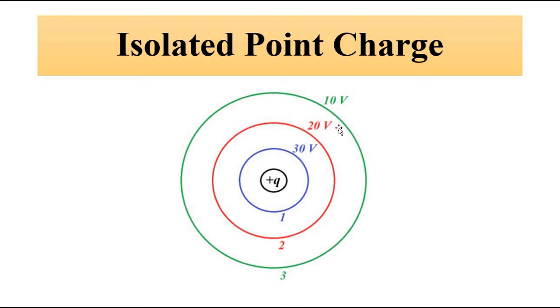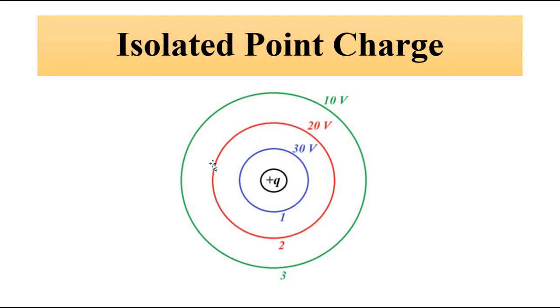But another important thing is that all the points located on that circumference in 2 dimensions, or on that sphere in 3 dimensions, will be at that fixed potential value. Let's say in this case, for the first radius, the potential is 30 volt. So all the points on this concentric sphere will be at 30 volt. Similarly, as we go a little farther away and increase the radius, we get 20 volt.